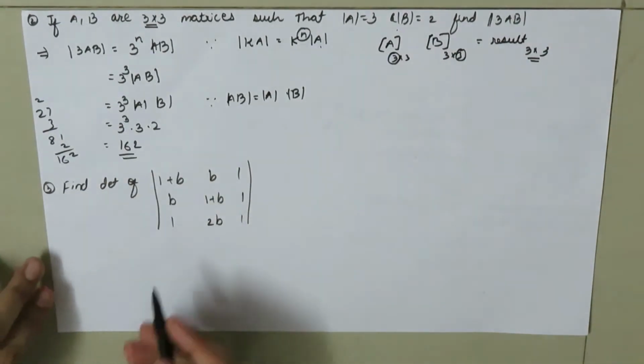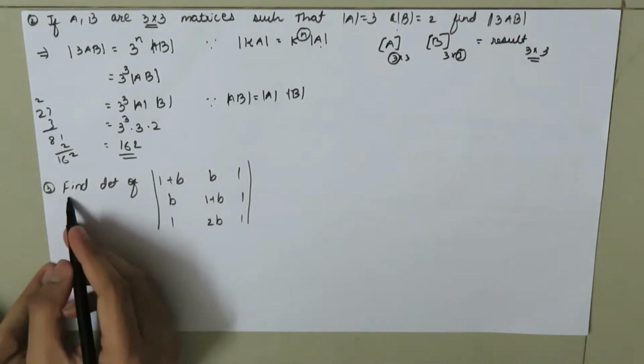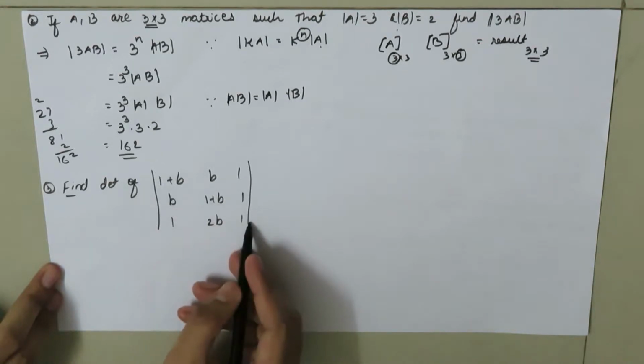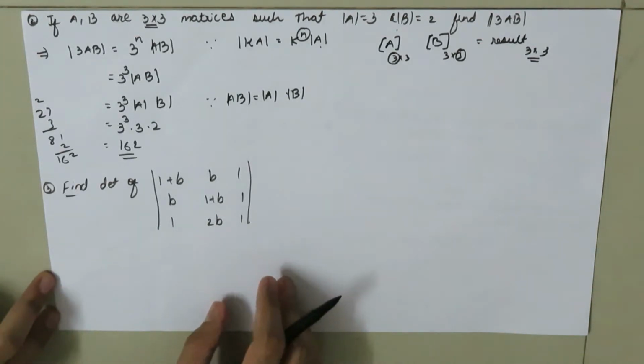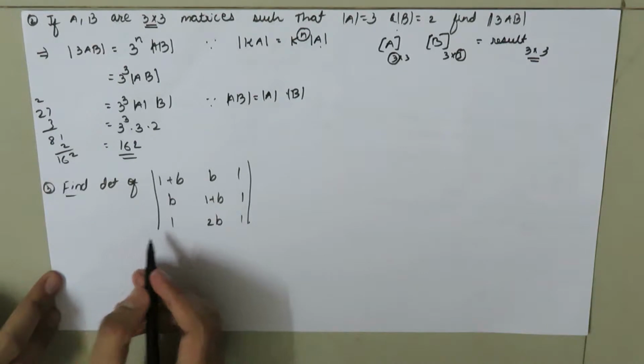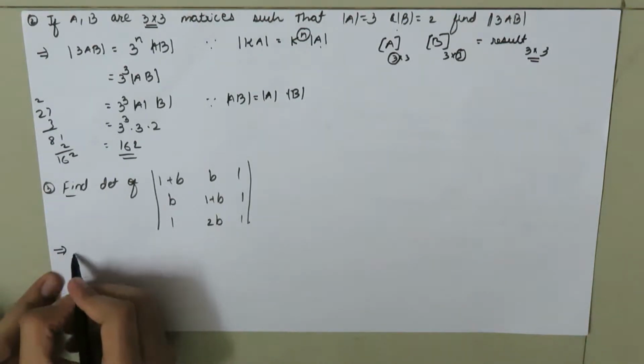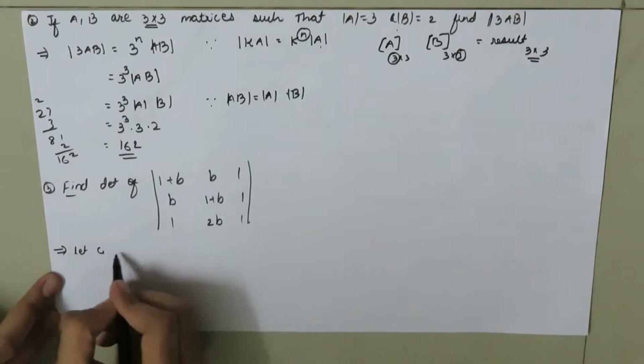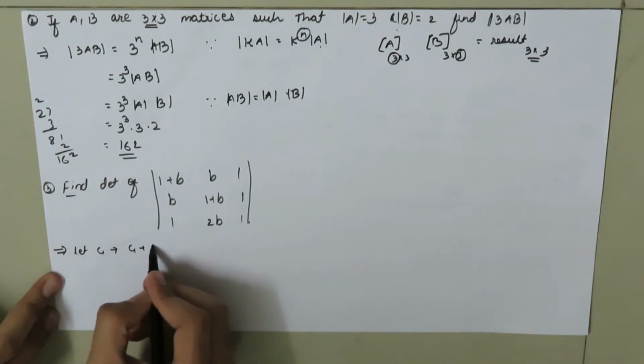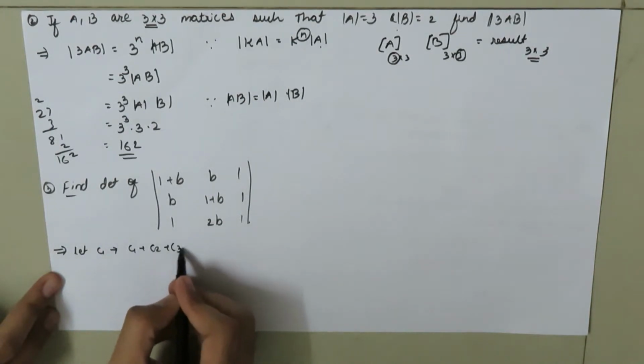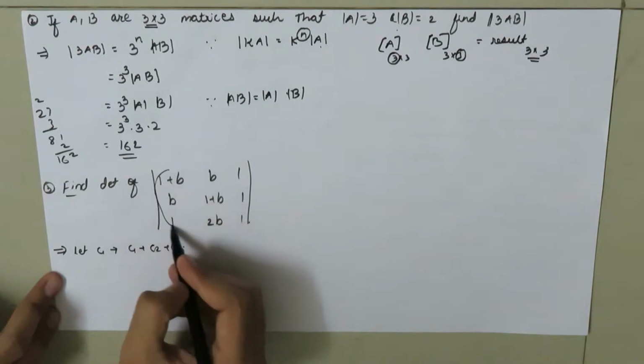So let's solve another example. Here we need to find the determinant of this matrix, and what we are going to do is let C1 be such that C1 plus C2 plus C3 is our column 1.